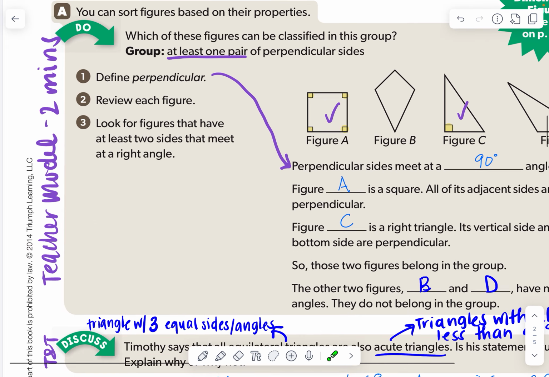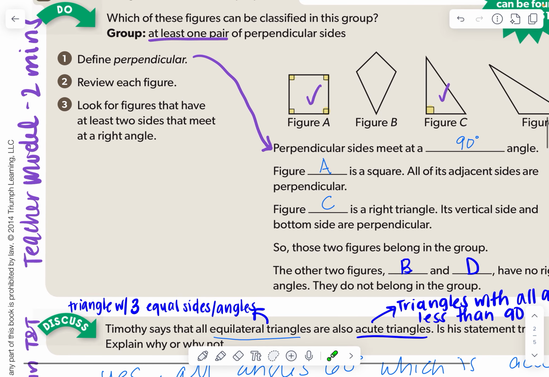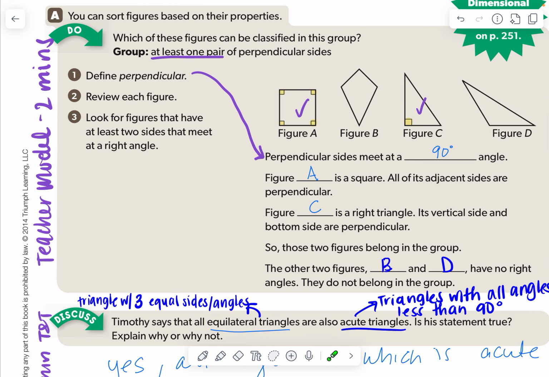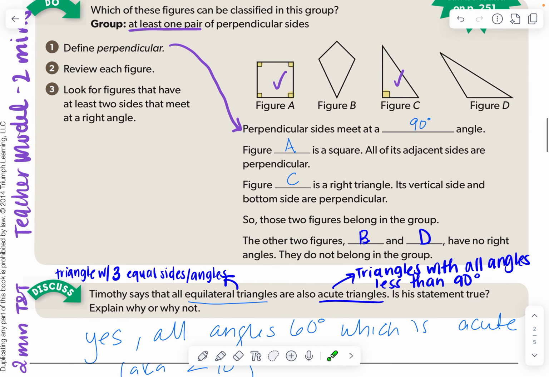And so students should say, okay, figure A and figure C have 90-degree angles. Nice job. So we reviewed the figures and we said figure A is a square. All of its adjacent sides are perpendicular. Figure C is a right triangle. Its vertical side and bottom side are perpendicular. So those two figures belong in the group. The other two figures, B and D, have no right angles. They do not belong in the group.